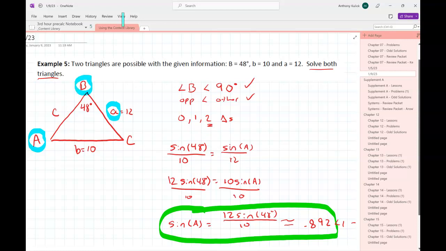If I labeled this one as B, the side opposite that has to be a B. If I label this as C, the side opposite that has to also be a C. Everybody's cool with that? If you label your triangles incorrectly, the formulas will not work. Got to remember, when you're drawing your picture, to label things correctly. Okay?